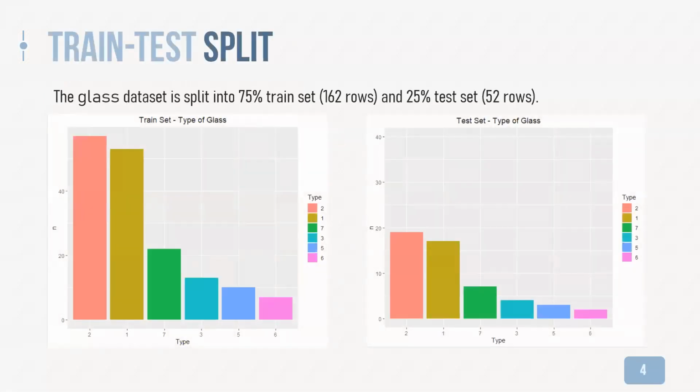And next, we are going to perform classification based on this data set, and it is a multi-class data set. So before training a model, it is better for us to split into a train and test data set, where we can use the test set to judge whether a model is overfit or not. So this glass data set is split into 75% train set, which includes 162 rows, and 25% test set, 52 rows.